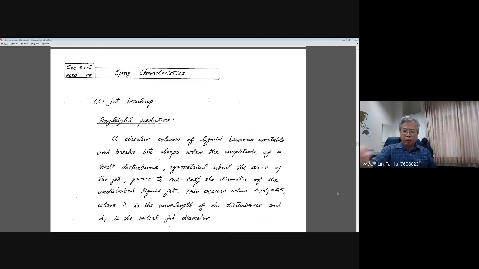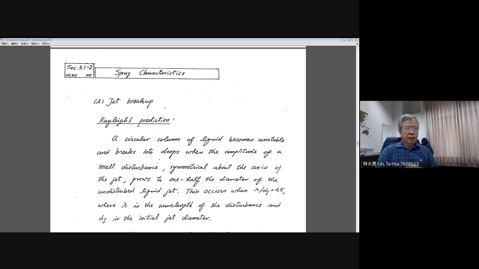The first one: we already introduced the jet breakup, a small tiny water jet breaking up into droplets, right? And we need to identify the breakup mechanism. Fortunately, this breakup process is initiated by the instability from an excitation or perturbation from the surroundings, or from the pressure or from the temperature, as we described earlier.